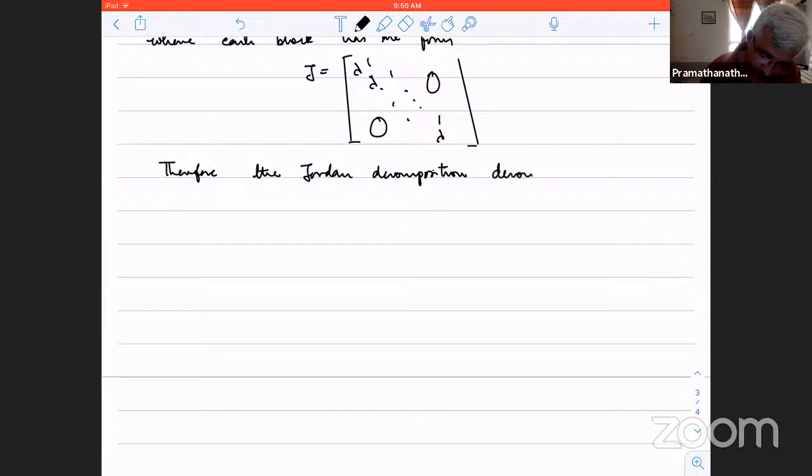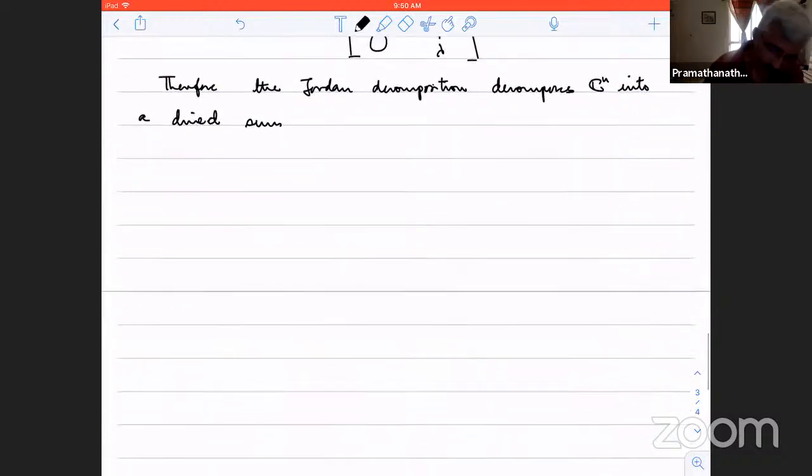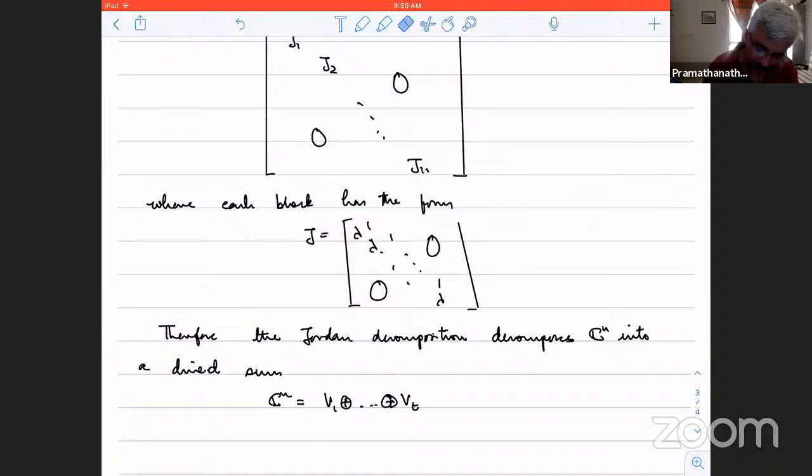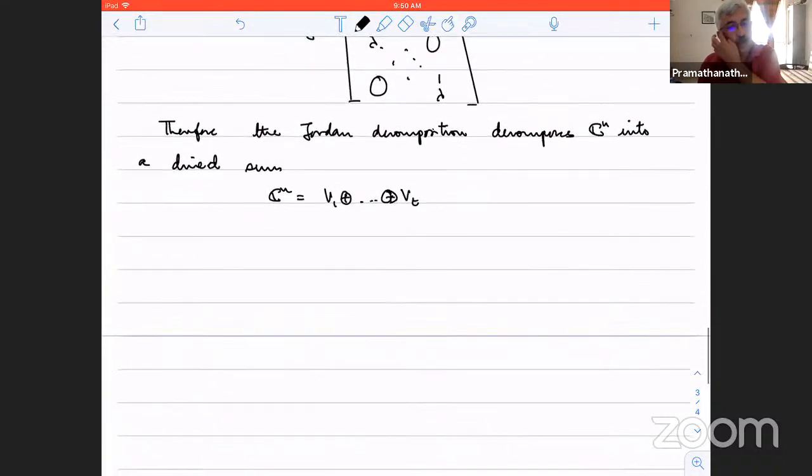Therefore, the Jordan decomposition decomposes C^n into a direct sum, C^n equal to V1 direct sum ... direct sum Vt. Let's say there are t Jordan blocks. Let me call it J sub t.